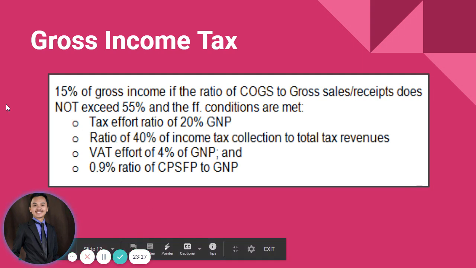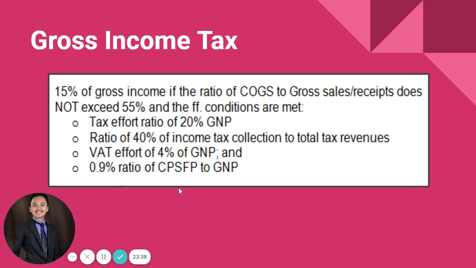These four conditions. Example, tax effort ratio of 20% of GNP, ratio of income tax collection of 40% of the total tax revenues, VAT effort of 4% of GNP, and 0.9% ratio of CPSFP to GNP.